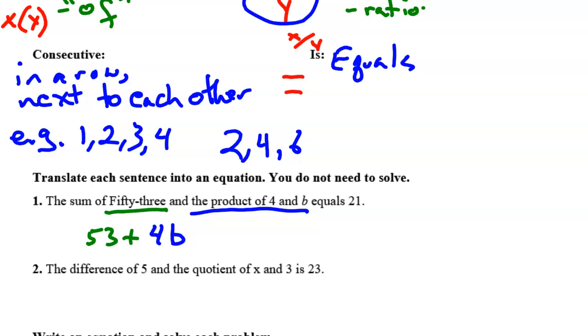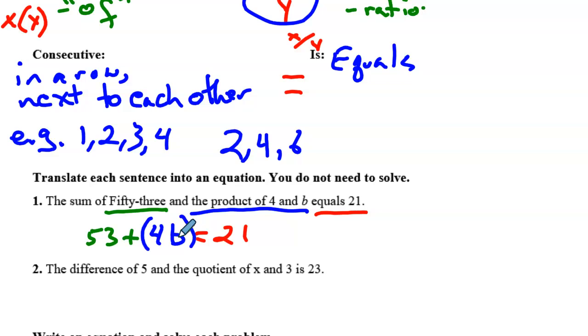And then we have equals 21. That is that statement translated. Sum of 53 and the product of 4 and b equals 21. You can put these in parentheses, but that's not necessary because of order of operations.